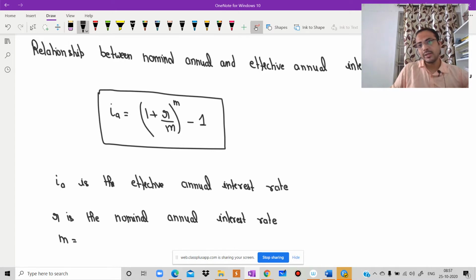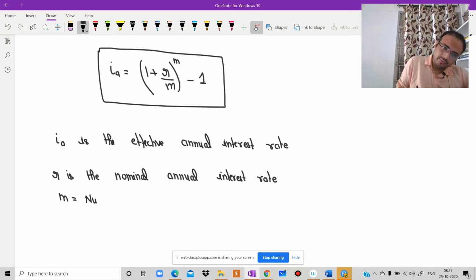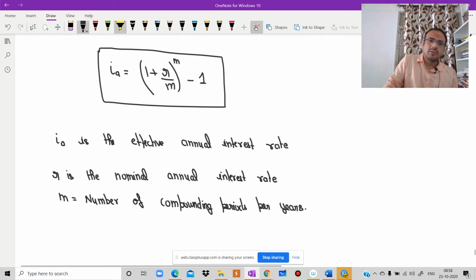The number of compounding periods per year, not the total number. Is it clear? This formula you should remember.